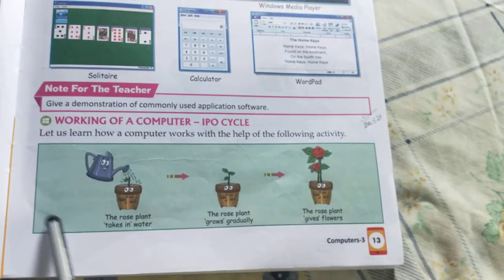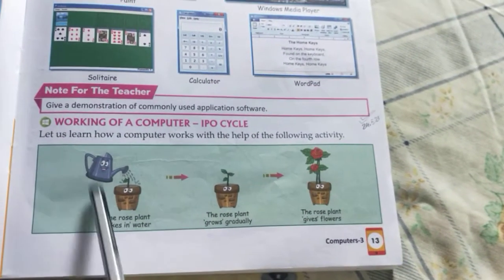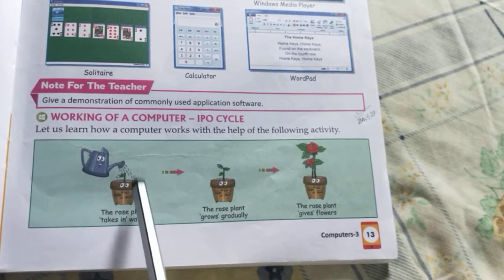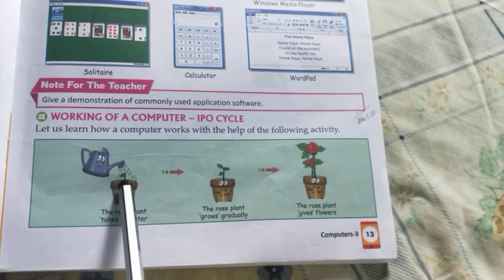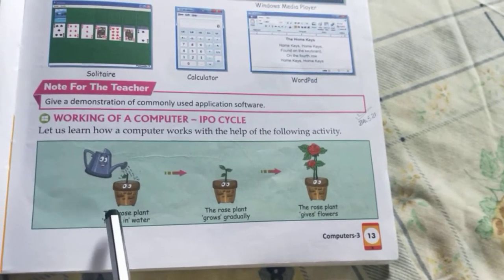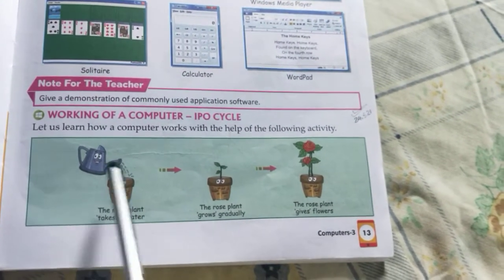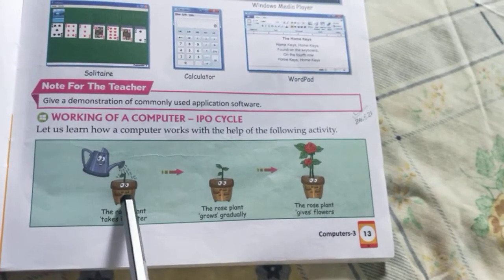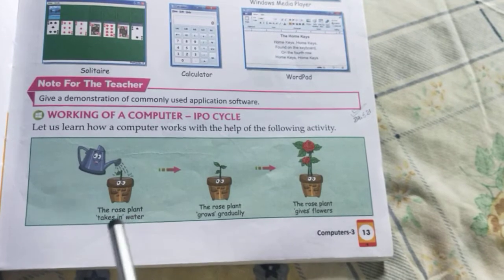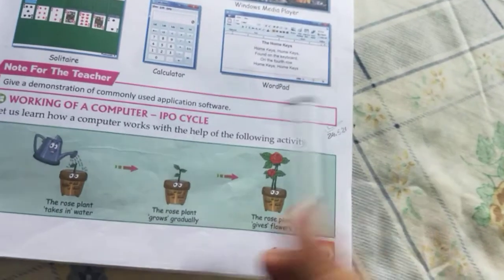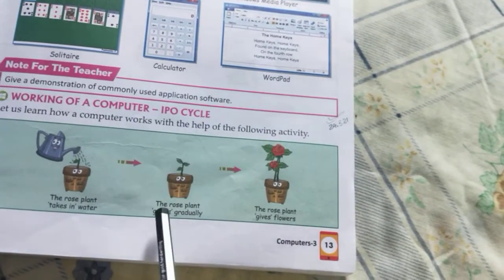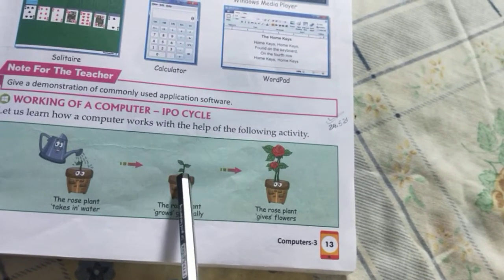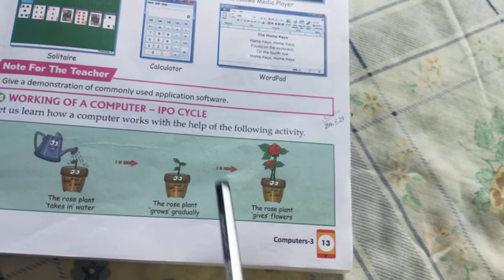There's an activity given in this box. In the first picture you can see a flowering plant, a rose plant. If you give water to the rose plant, it takes in water. In the next picture the rose plant is gradually growing.